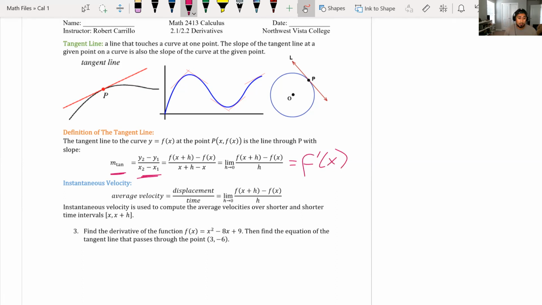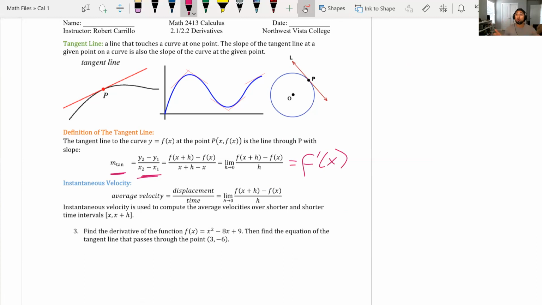Let's go ahead and find the equation of the tangent line. First we take the derivative. Then with the derivative, we find the slope of the tangent line. And then with the slope of the tangent line and a given point, we can find the equation of a line.